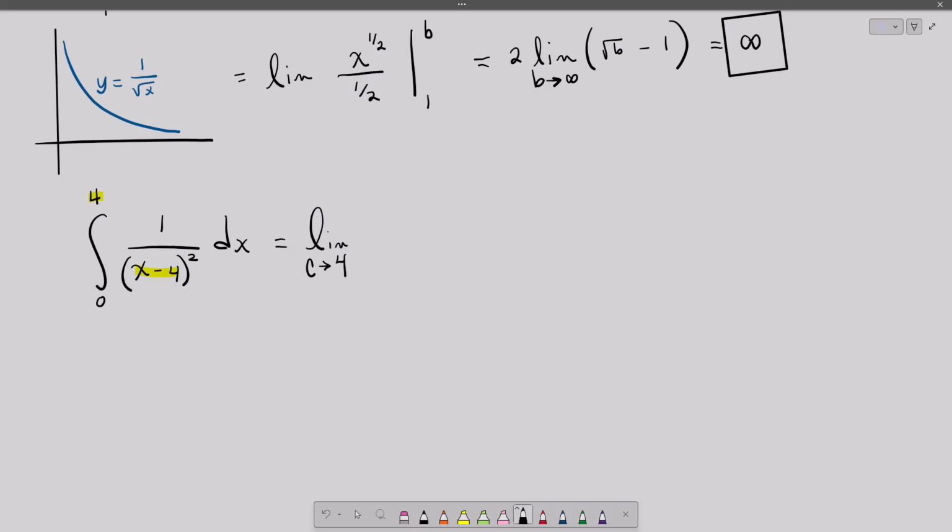The interval is from 0 to 4, so we have to be inside the interval from 0 to 4. So as we're getting closer and closer to 4, it's from the left side. So we need to put a little minus up there to indicate this. And we're going to go from 0 to c. And then let's write this as x minus 4 to the negative 2 dx. Now we have a definite integral.